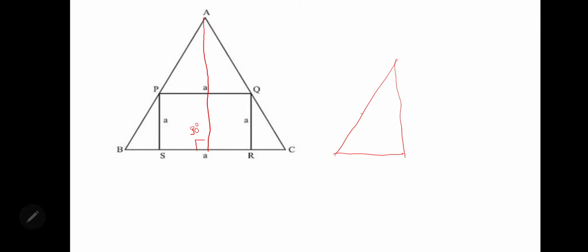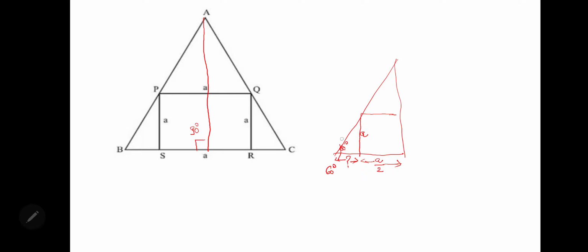Okay, and this is side a, and this length would be a by 2, because this is going to bisect and this is the property. And this I know is 60 degrees. What can I do? I need to find out this side.